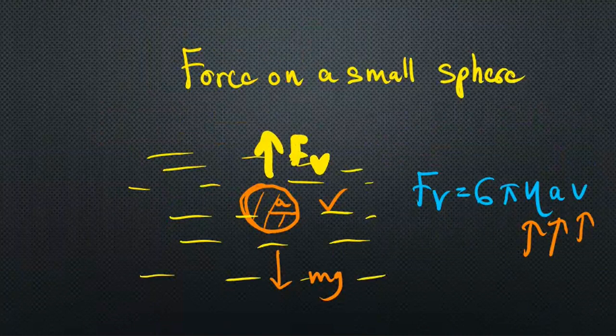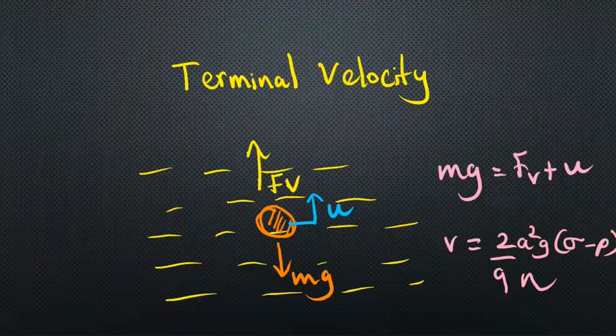Right. Then our next equation, terminal velocity. When the total force downwards, say here the total weight, equals the total force upwards. Here the forces we have are upthrust and viscous force upwards. So mg equals viscous force plus upthrust. In this situation there's no resultant force, so there's no acceleration.